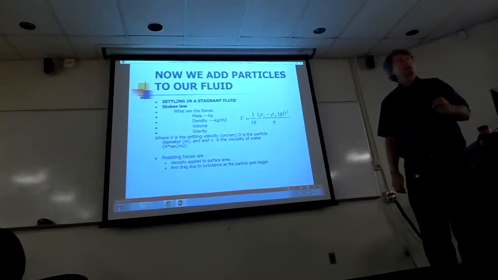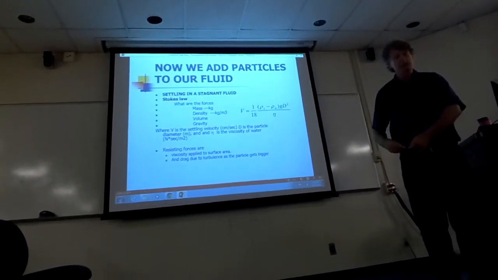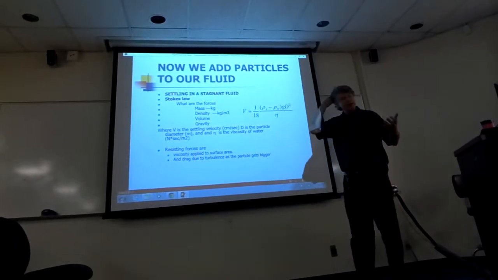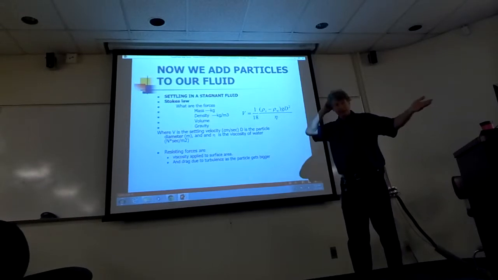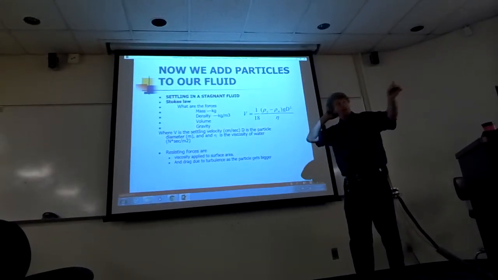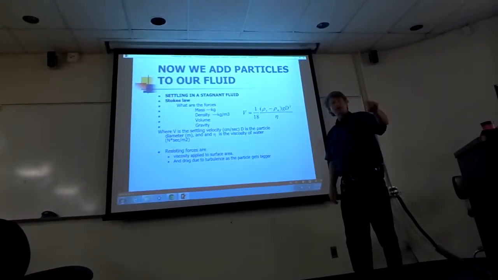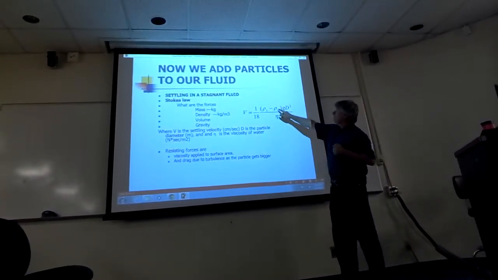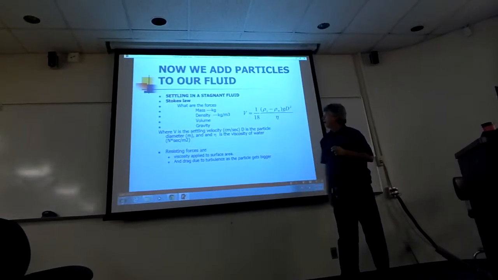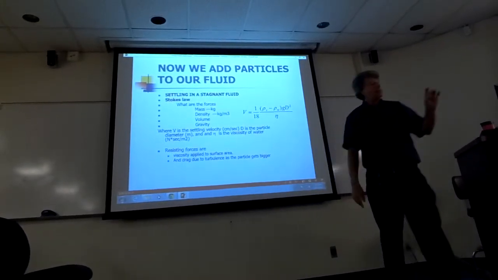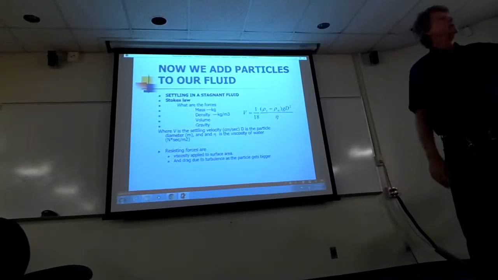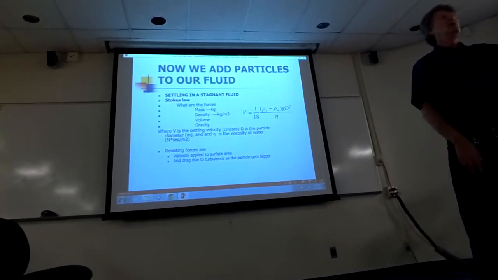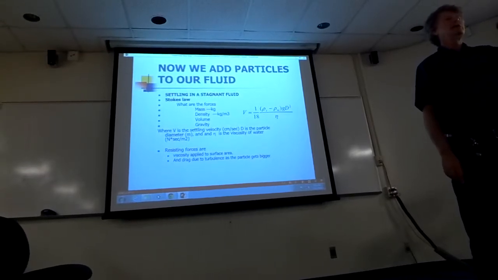So let's finish class with this: I want you guys to calculate for a standard quartz grain, density 2,700 kilograms per cubic meter, and water 1,000, and let's have our grain be 4 phi, right at the finest grain sand.